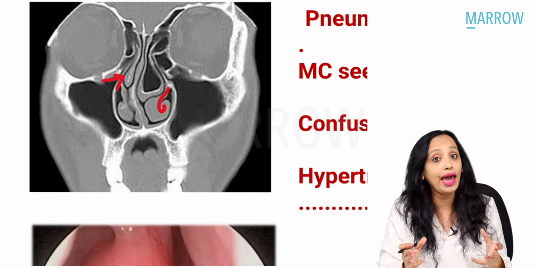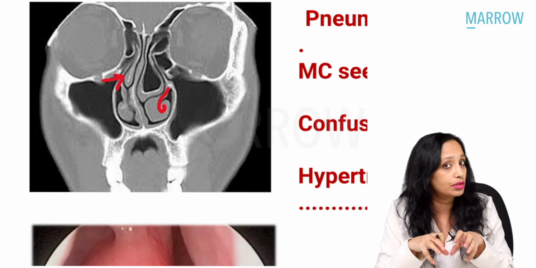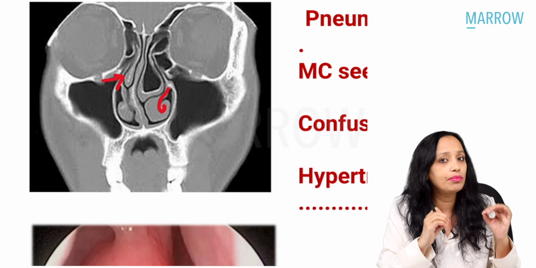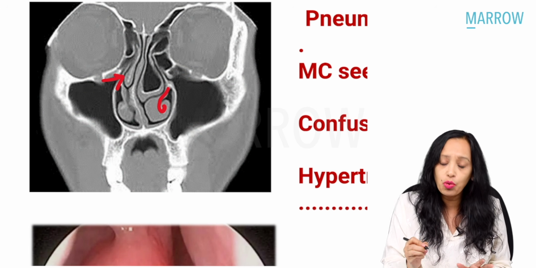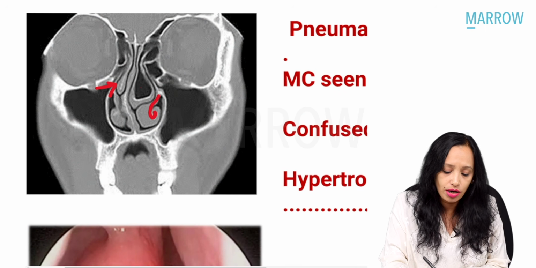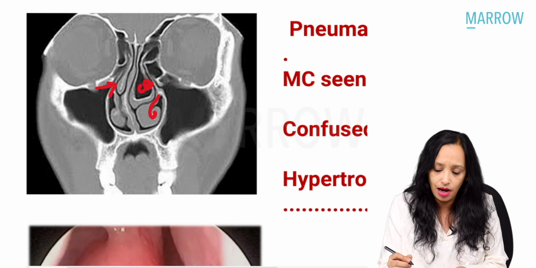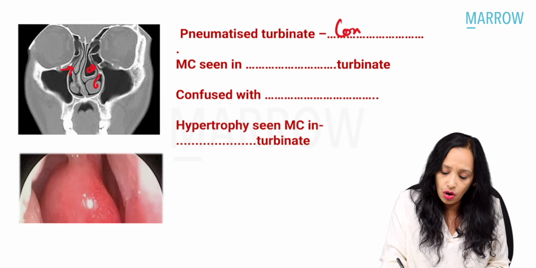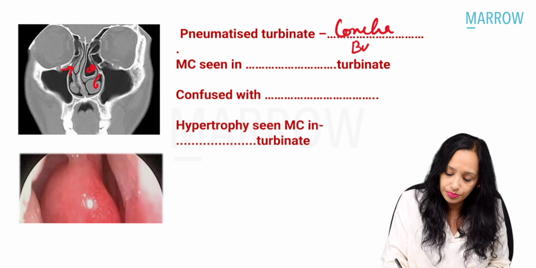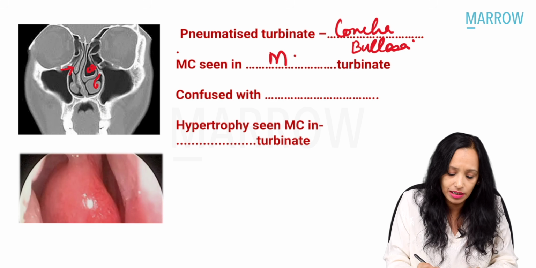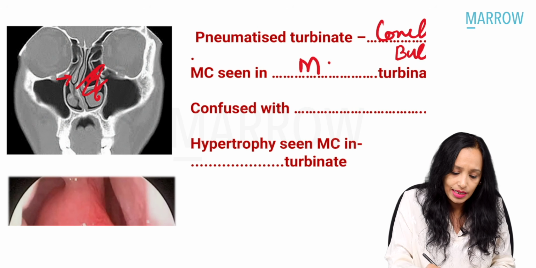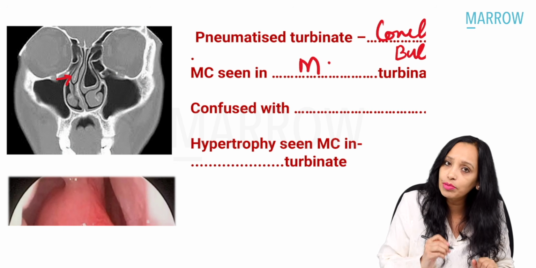There is no air supposed to be present inside the middle turbinate, but if there is air in the middle turbinate, in other words pneumatization of the middle turbinate, it is what is known as concha bullosa. Concha bullosa is seen most commonly in the middle turbinate. Can we see that? Yes, here the concha bullosa is in the middle turbinate.